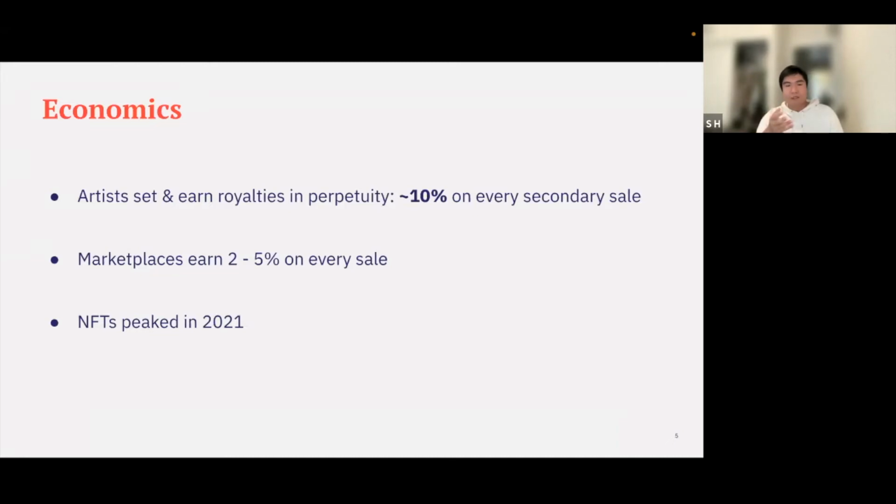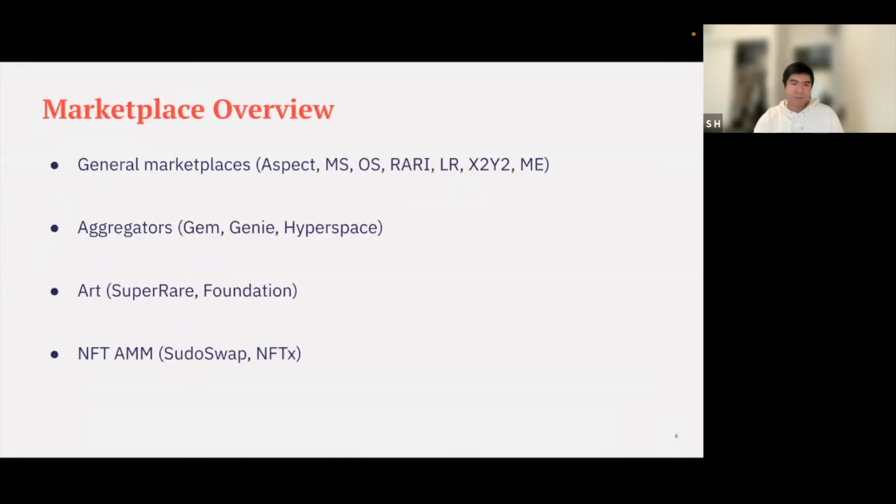And what we've seen is marketplaces take 2 to 5% on every sale. And obviously the market really peaked in mid to late 2021 of last year. So I think there are some marketplaces that specialize in different areas, where we have general marketplaces, which is what we're building here at Aspect.